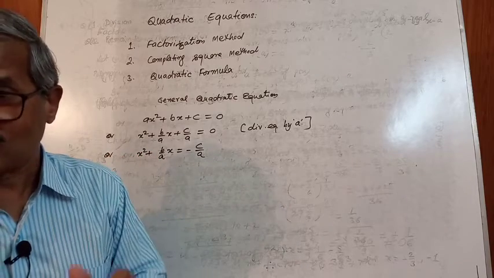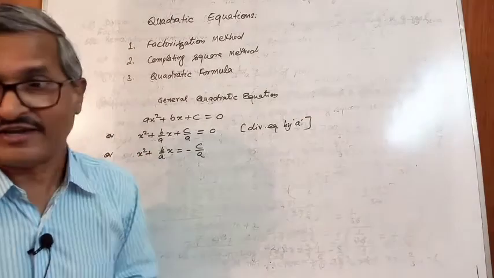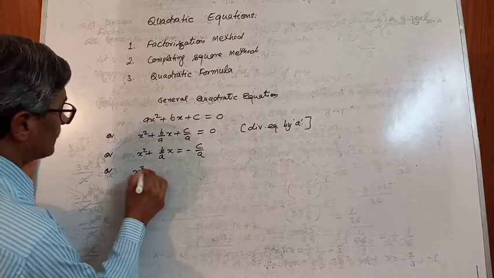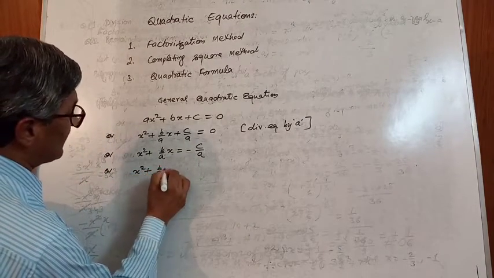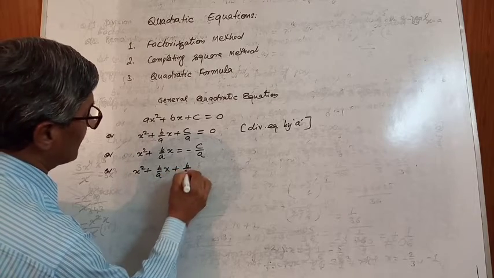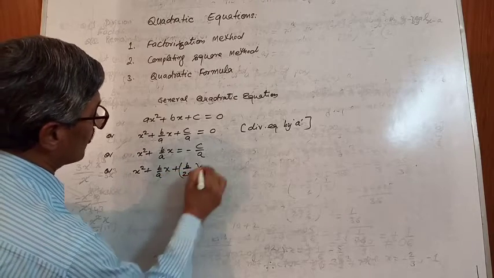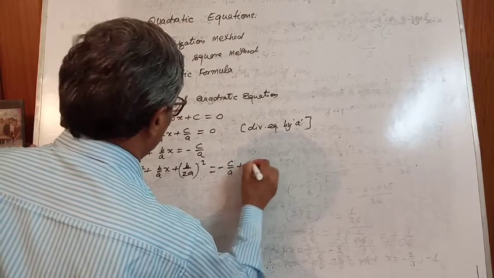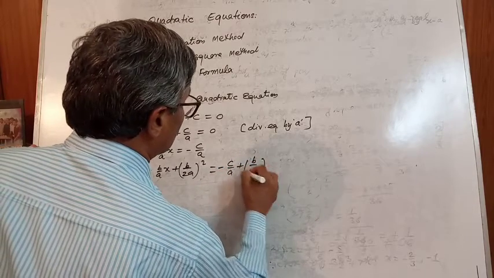We will add the square of b by 2a on both sides. x square plus b by a x plus b by 2a whole square equal to minus c by a plus b by 2a whole square.